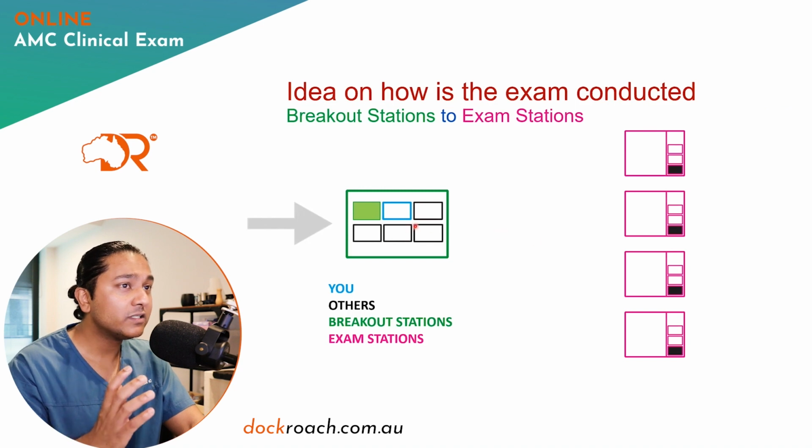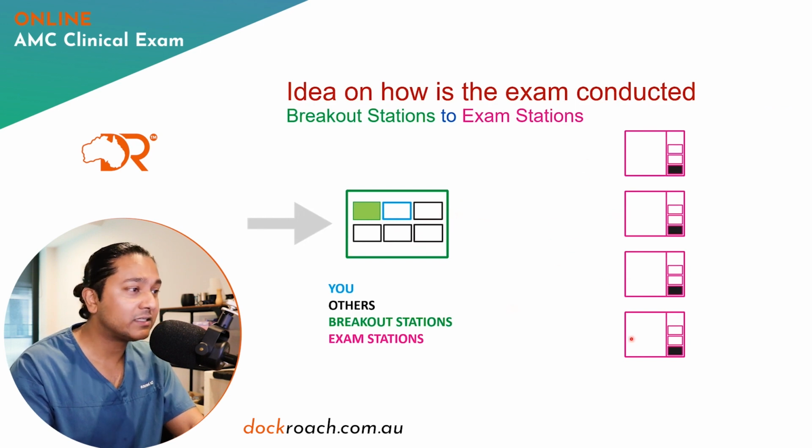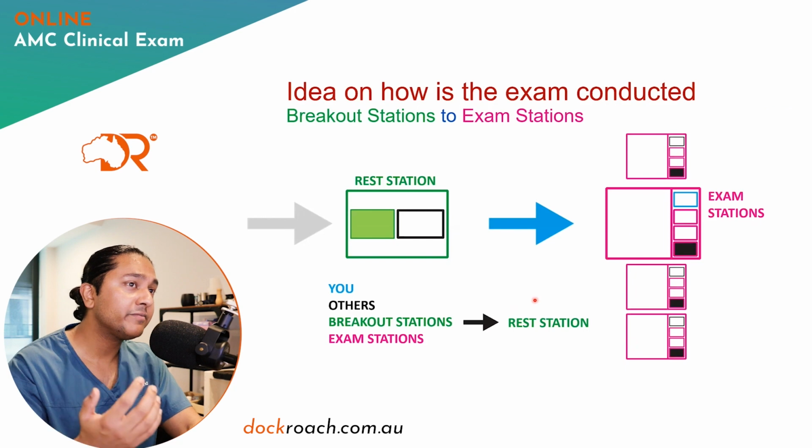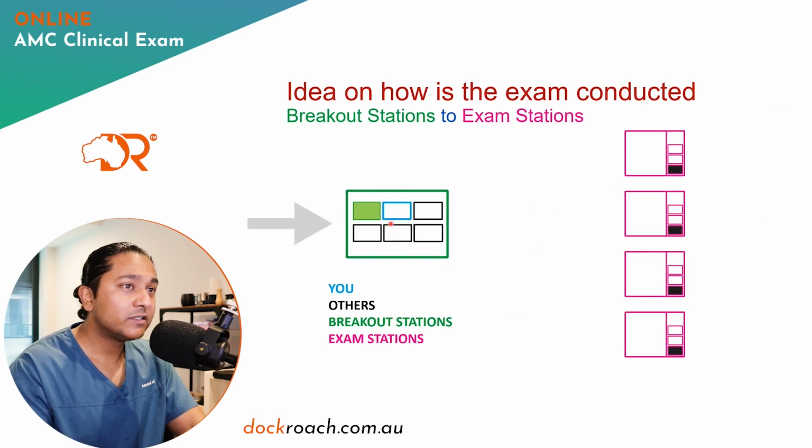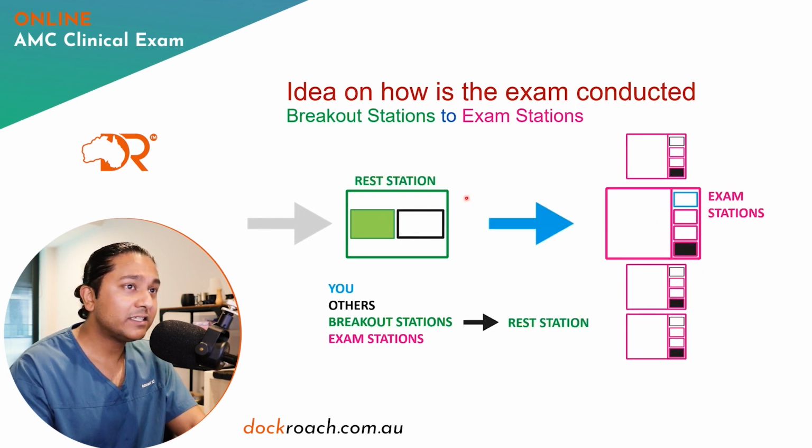But now I just want to focus on how the 4 of you are going to go in here. AMC is going to randomly push you into one of these exam stations. So this is what I mean. If you can see it from just now, where 5 of you are in this group, when they push each one of you out, this station now becomes a rest station, and everybody gets into their individual exam station.